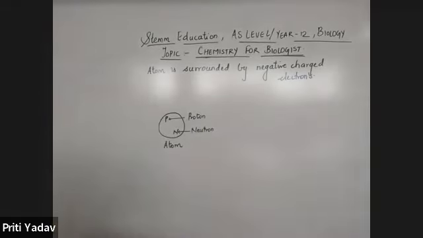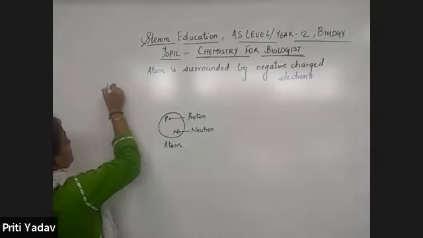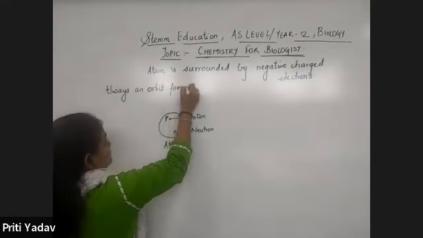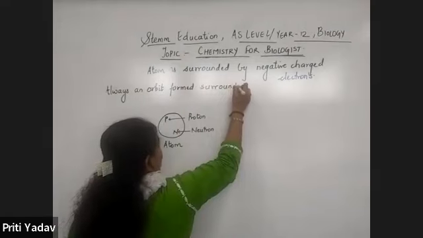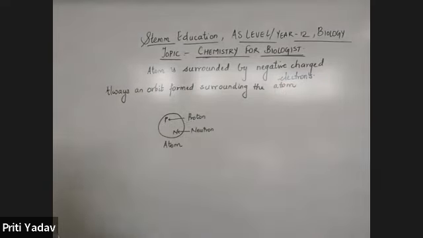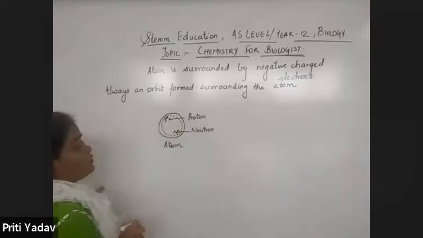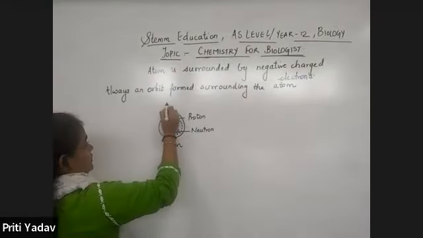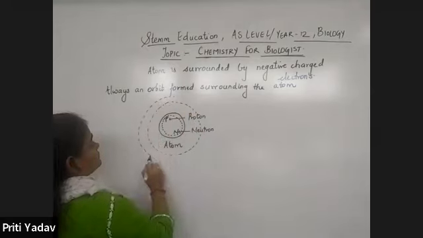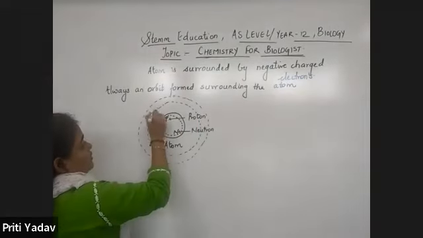Now, if you see, there is always an orbit formed surrounding the atom. This is the nucleus where there is presence of protons and neutrons, and here there will be an orbit formation, and the electrons will be placed accordingly.